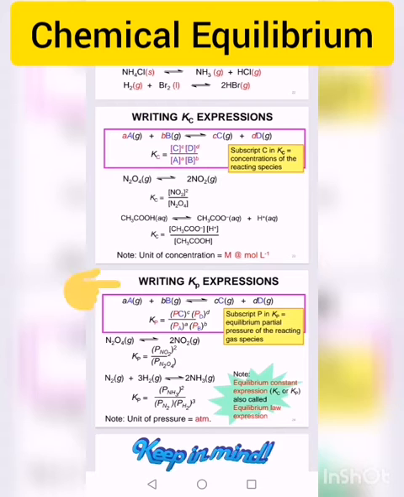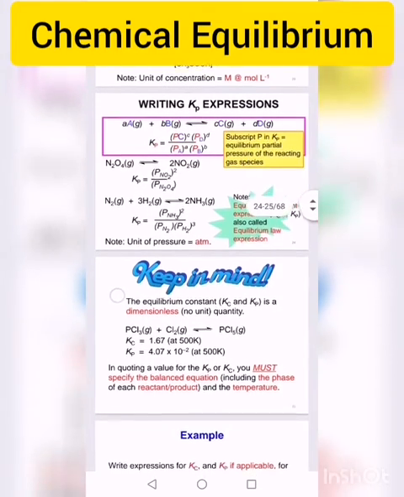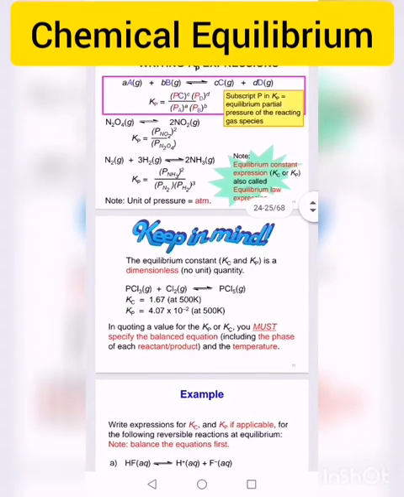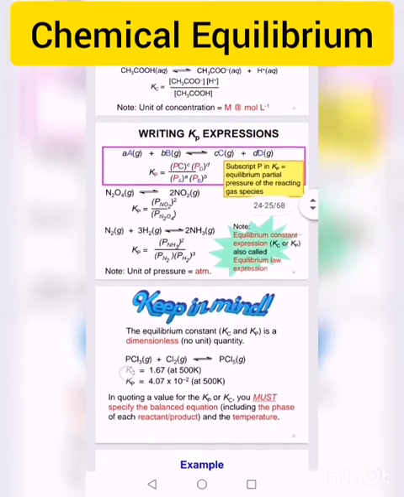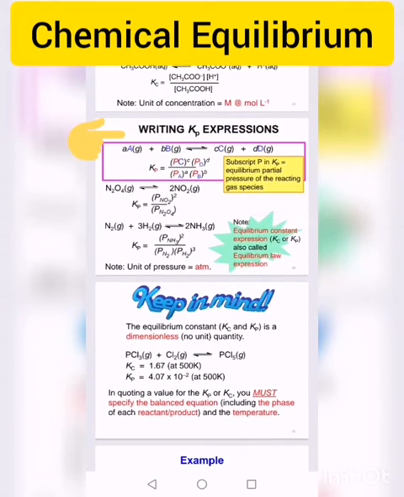For Kp also, if you take a look at the example given, we call it the Kp expression. What is the difference between Kc and Kp? The brackets, the subscript. So Kp is the partial pressure of C and partial pressure of D, which is the product, over the reactant, partial pressure of A and partial pressure of B, considering the stoichiometric coefficients of the balanced equation.